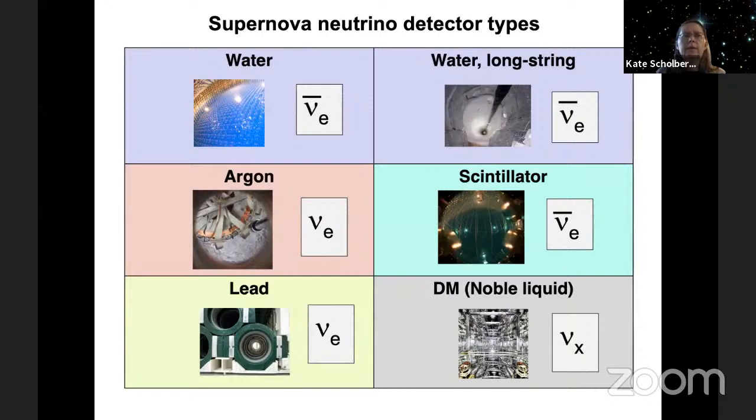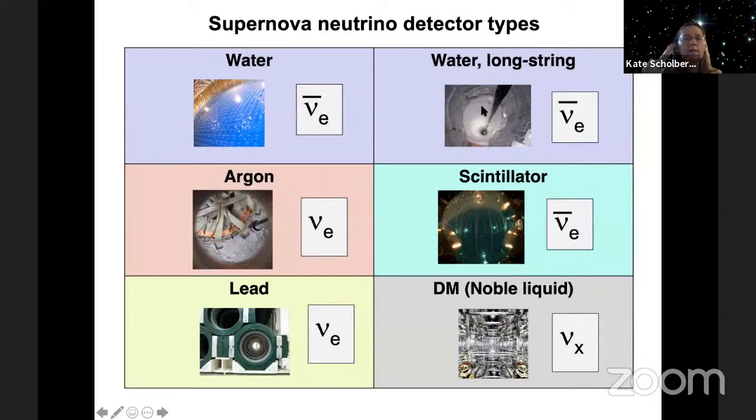Okay, so here, this is an overview of the kinds of supernova neutrino detector types, and you've already seen some of this. There's water detectors, and here I'm putting the flavor where there's the most sensitivity that is dominant in that detector. And so for water, it's almost all nu bar on the protons in the H2 of the H2O. There's also long string detectors that are based on water.